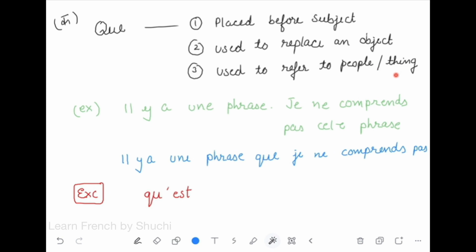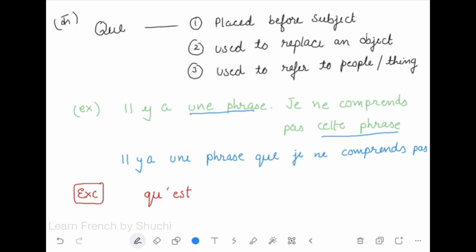The first one, see the example. This is the phrase, and I do not understand this phrase, right? This is a phrase that I do not understand. So here, what are we replacing? We are replacing an object. The object is this one, right? So here, c'est une phrase que je ne comprends pas.